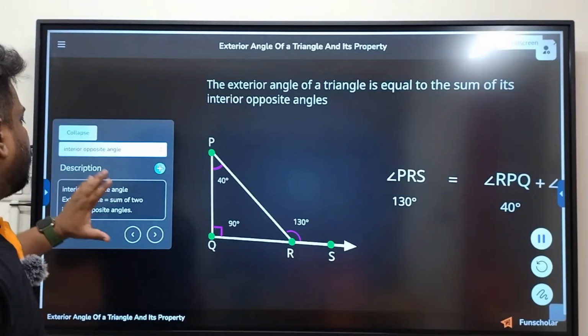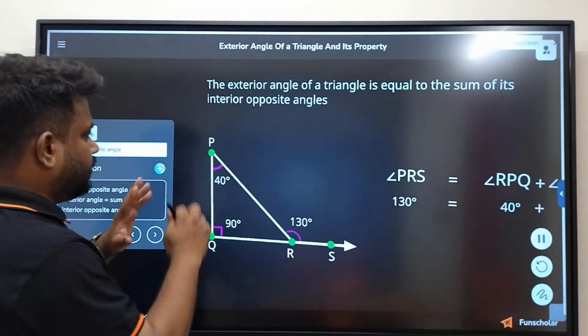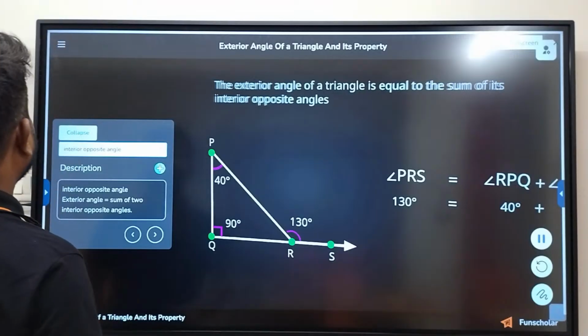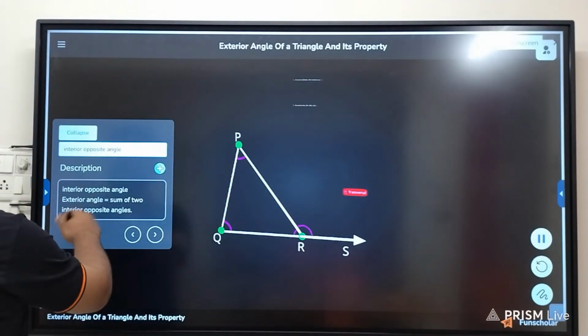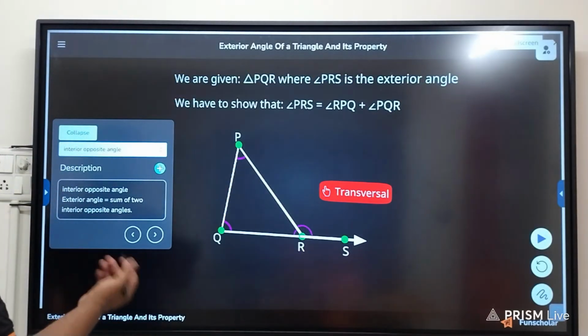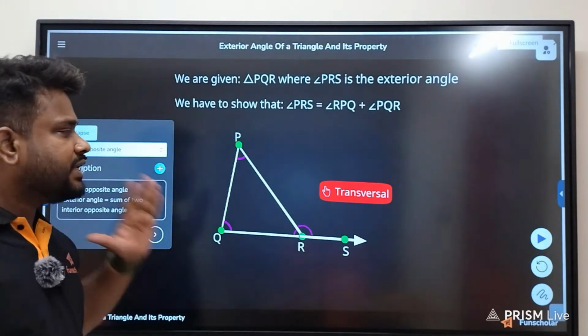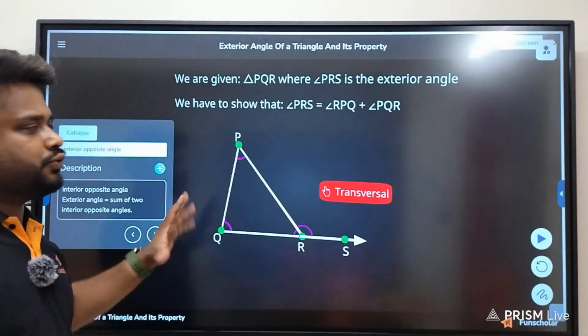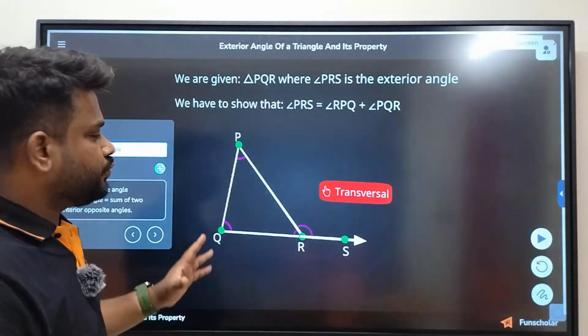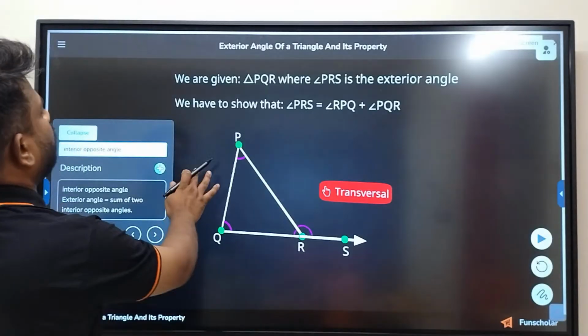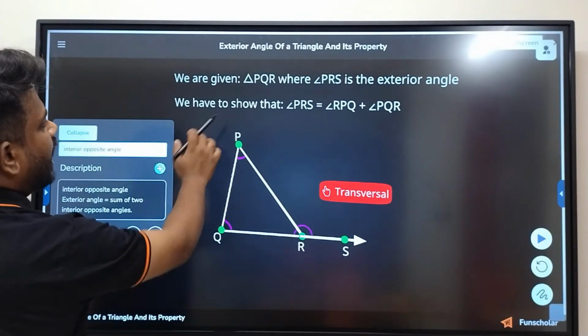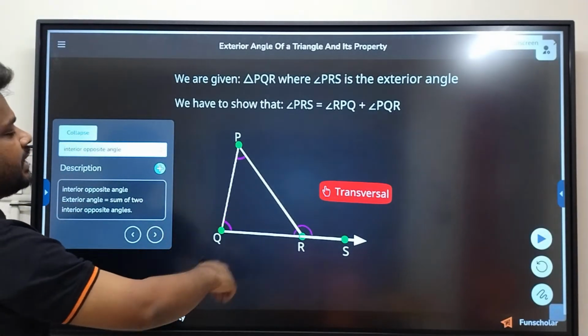And now we also have another theorem, that the sum of the two interior opposite angles will be the same as the exterior angle, and they are using different kinds of triangles to show it. To prove it in every case, we have triangle PQR where PRS is the exterior angle.